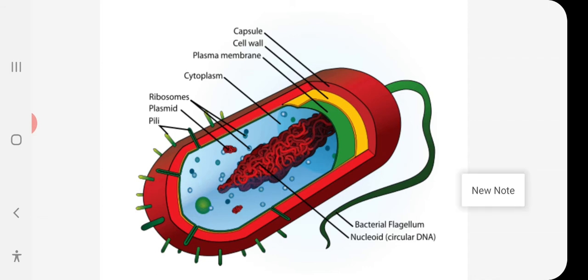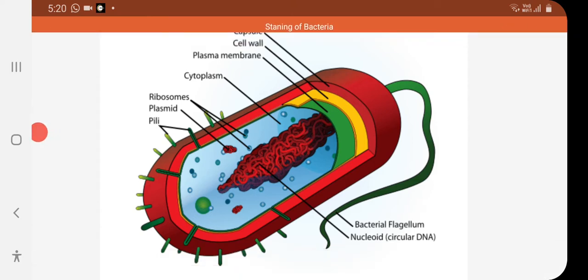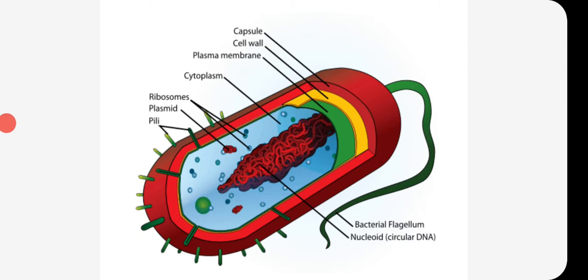Okay, and the second layer is the cell wall. The presence of a cell wall is there in the bacterial cell like in plants. The cell wall gives a particular shape and protection to the bacterial cell. The chief material of the cell wall is muramic acid, also known as mucopeptide or peptidoglycans.